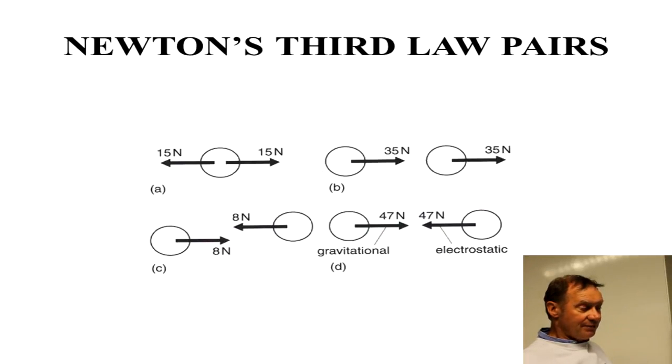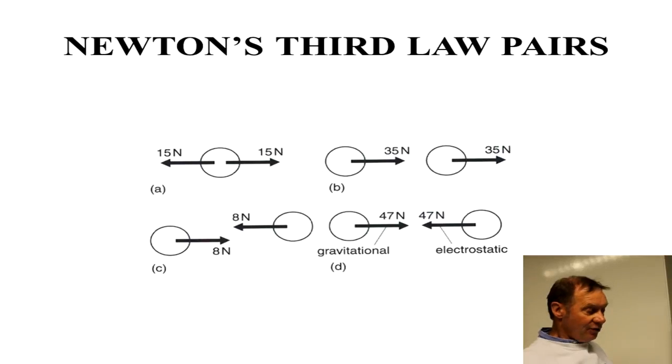These are examples which are not third law pairs, actually. In the first case, case A, there's only one body. There's 15 newtons each way, they're equal and opposite, but they only act on one body, so that is not Newton 3, they must have two bodies. Number B, there's 35 newtons, but both act in the same direction, so that cannot be a third law pair of forces.